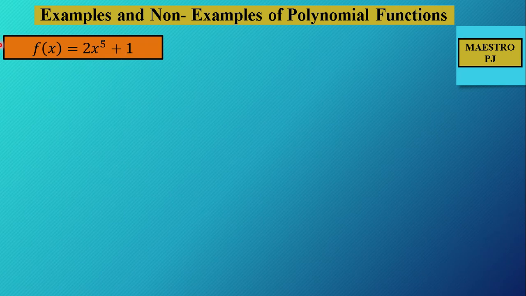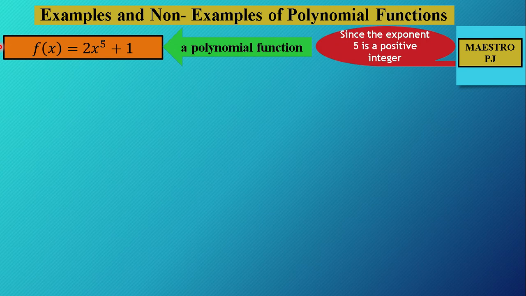Is it an example of a polynomial function? Yes, it's a polynomial function, since the exponent 5 is a positive integer. So itong exponent natin na 5 is a positive integer. Therefore, it's a polynomial function.